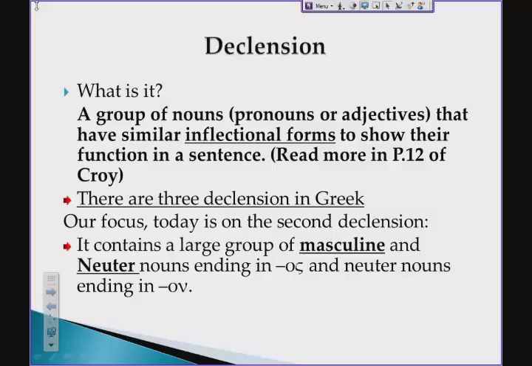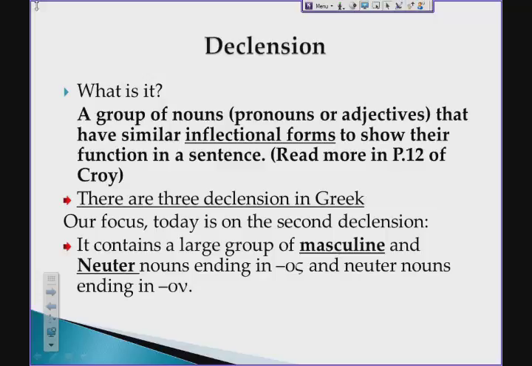Please, everybody out there, we are looking at pages 18 and 19 of Croy. I'm talking about the vocabulary in lesson 4, and also the declensions on page 19. How do we decline a Greek noun?